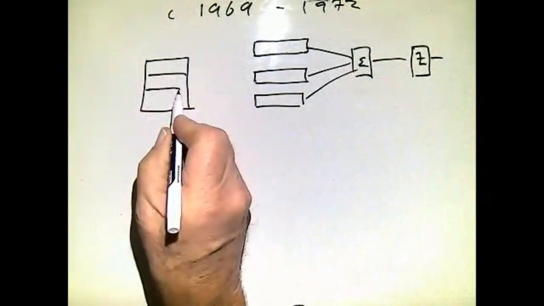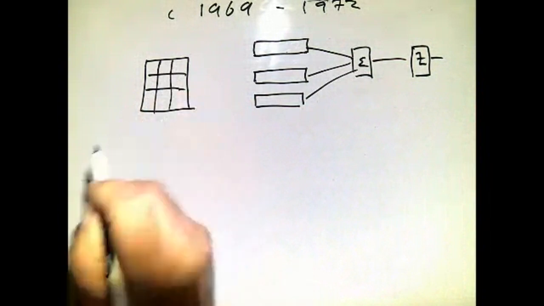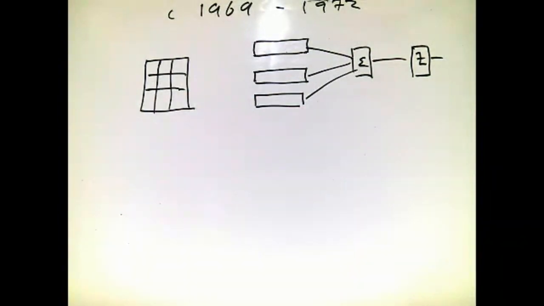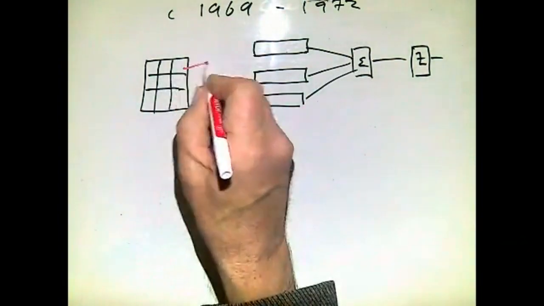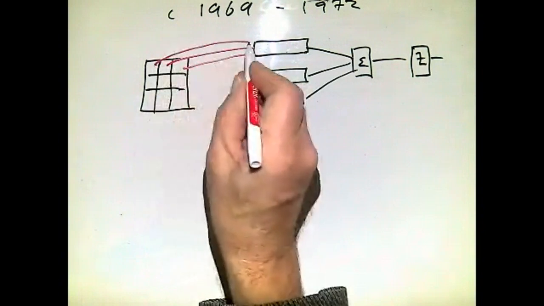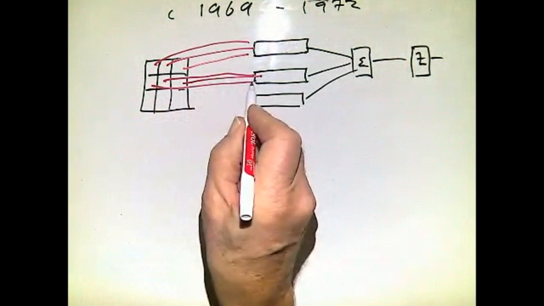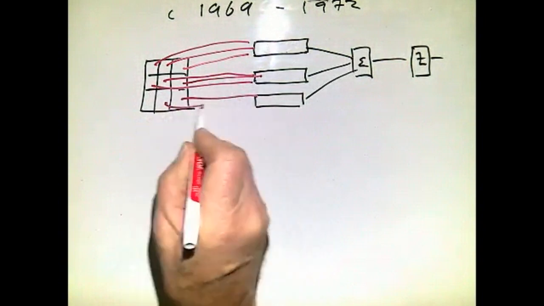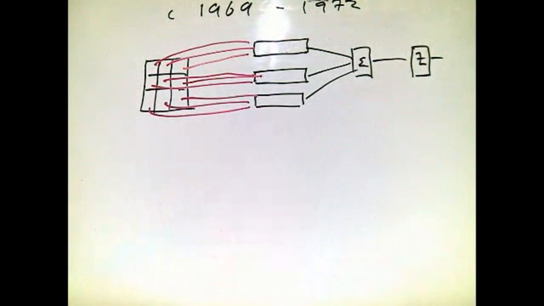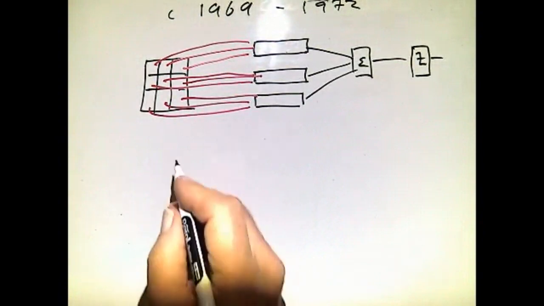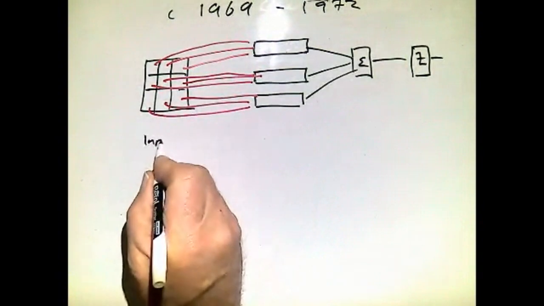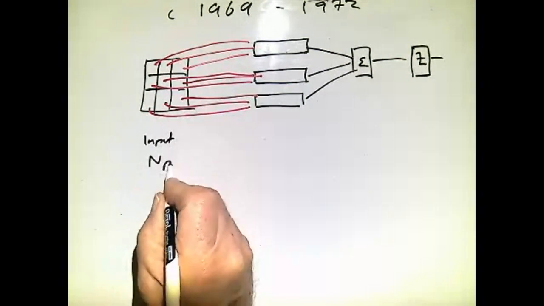And we are taking a 3 by 3 image, and if we are connecting it up row by row, there's a connection. So what we've got here is the input, let's say n pixels.